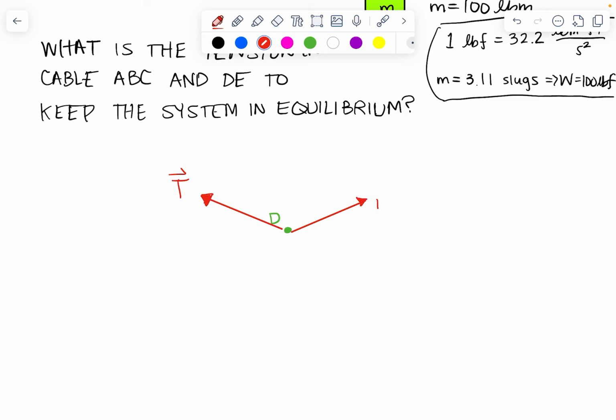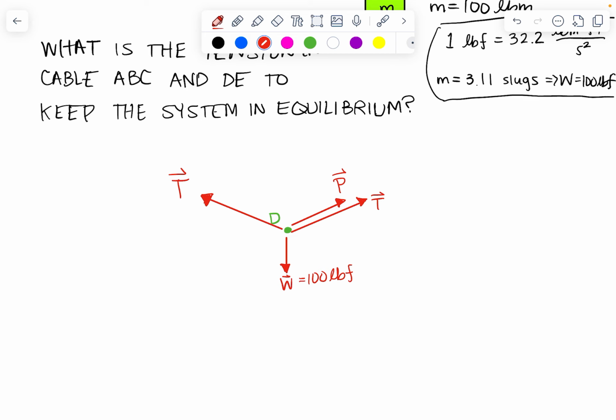So remember, tension is the same on either side of our pulley. And then we've got our applied load P right there. And our weight acting downwards, which we just solved for, as being 100 pounds. Okay, that's our simplified free body diagram.